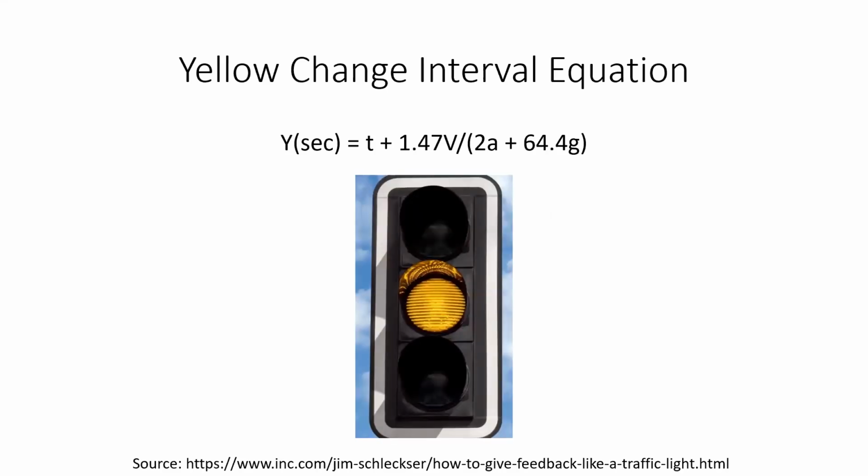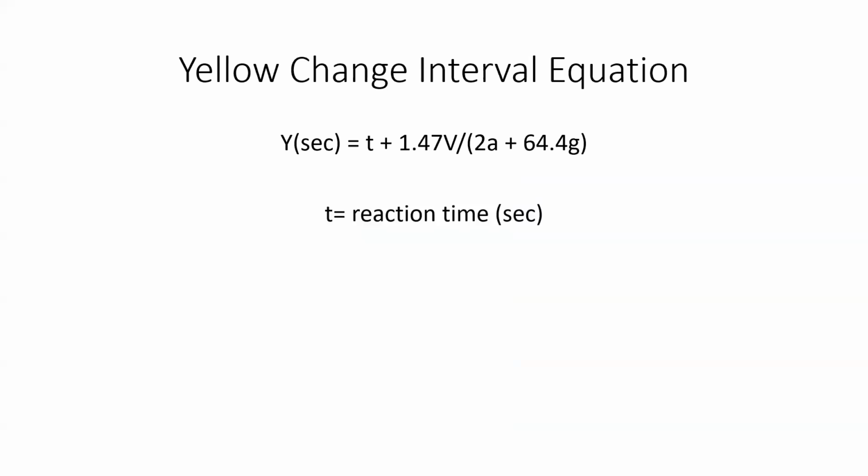We will use the equation y in seconds equals t plus 1.47 v divided by 2a plus 64.4 g to find the yellow change interval. In this equation, t will be the reaction time of drivers, for which we will use 1 second.